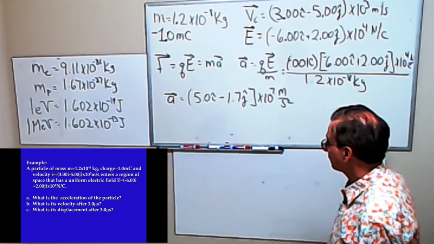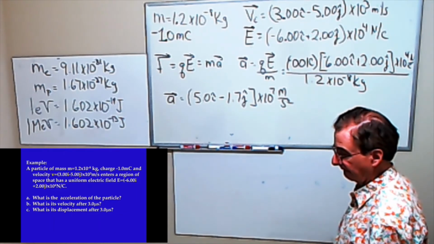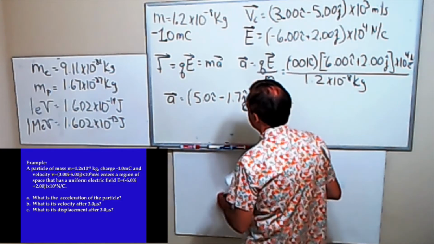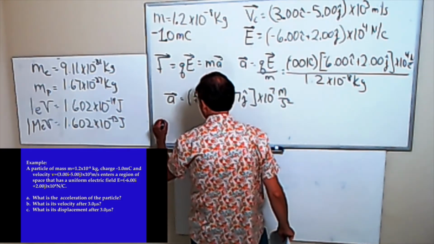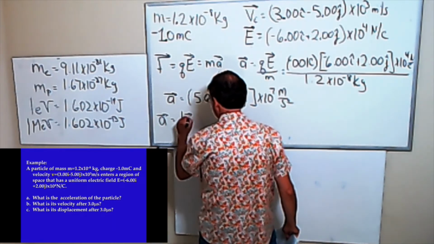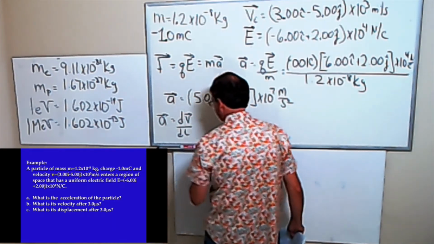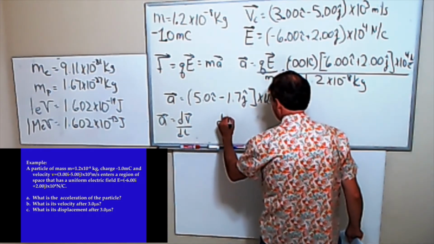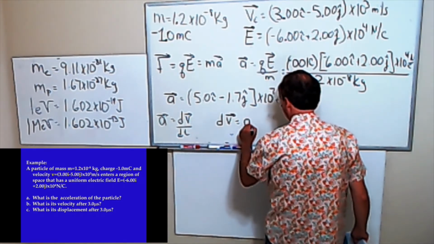Now, what's the velocity after 3 microseconds? Well, we know that A is dv over dt. dv is a dt.